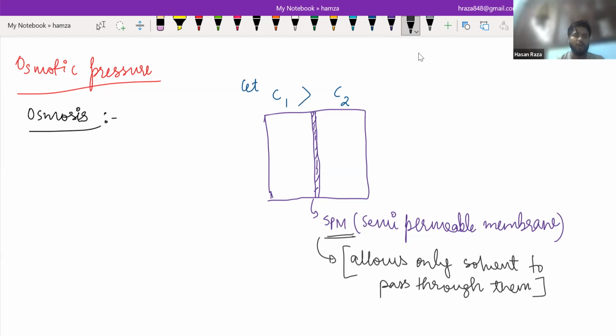Whenever we talk about concentration of solution, that means we are talking about the concentration of solute. Since in solution we have two components, the one is solute and the other is solvent. But whenever we talk about concentration of solution, we are talking about the concentration of solute. Are you getting my point?